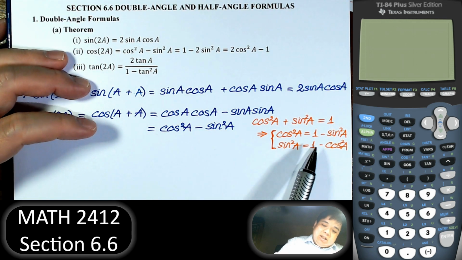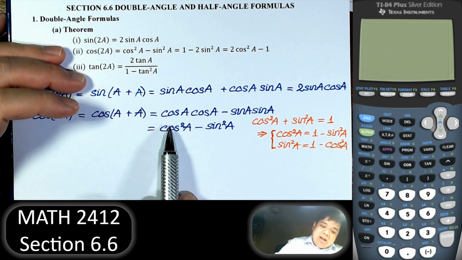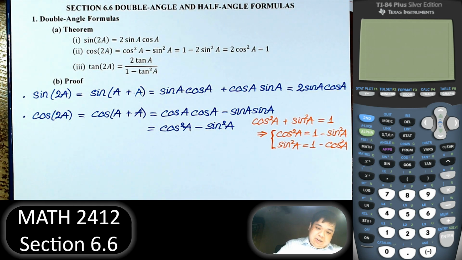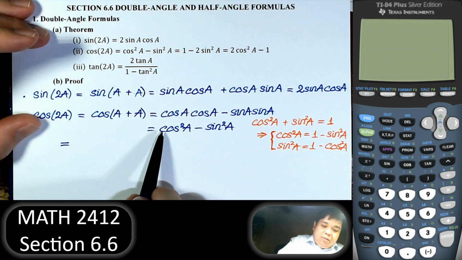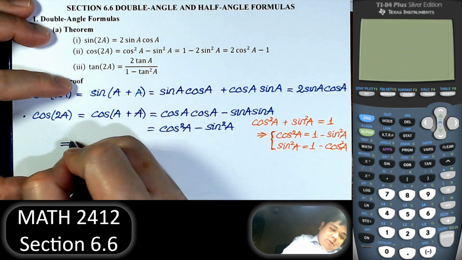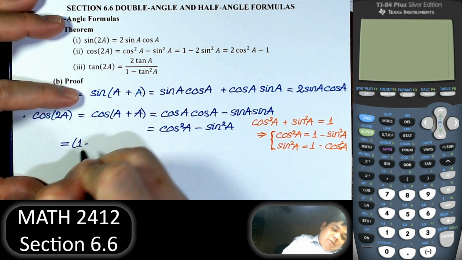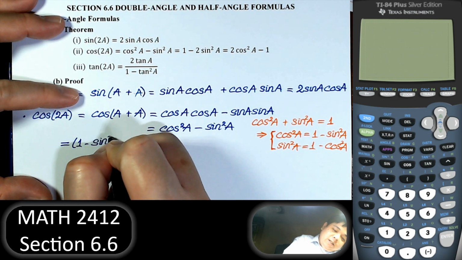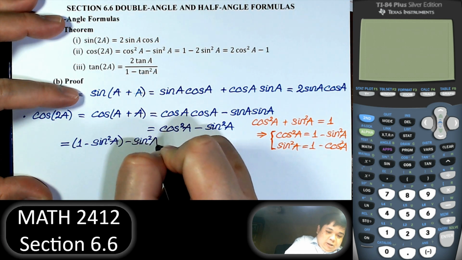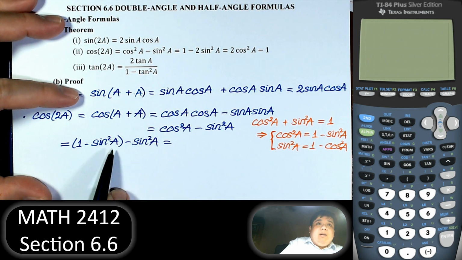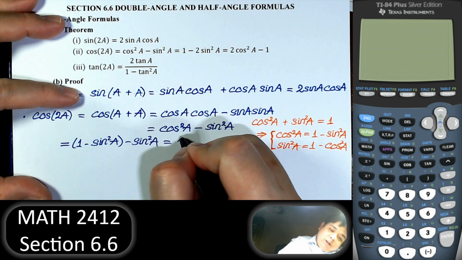Right, now let's first substitute 1 minus sine square in here. So cosine square, if I use 1 minus sine square, then I have 1 minus 2 sine square.